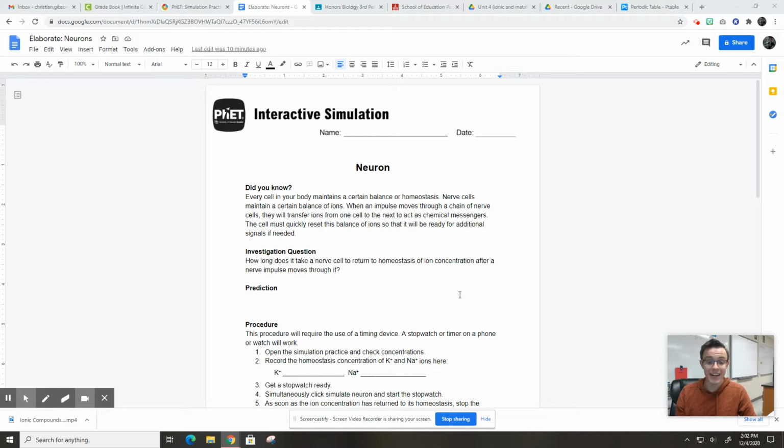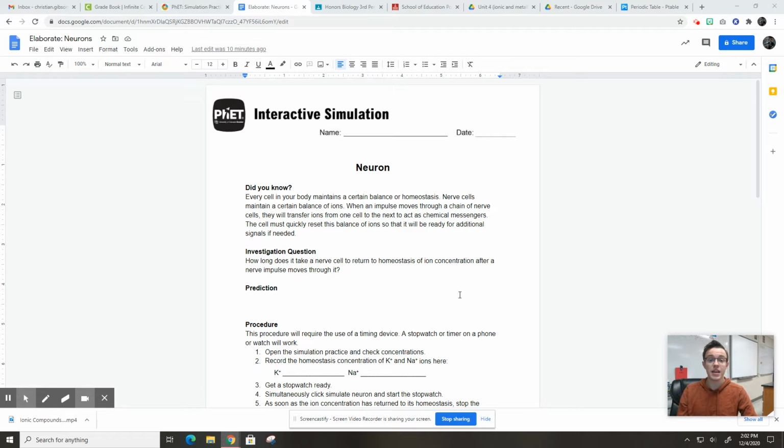Okay, so when an impulse moves through the chain of nerve cells, for example, if your brain is telling your hand to move, the signal has to be passed through a series of nerve cells. They will transfer ions from one cell to the next to act as kind of chemical messengers, okay?